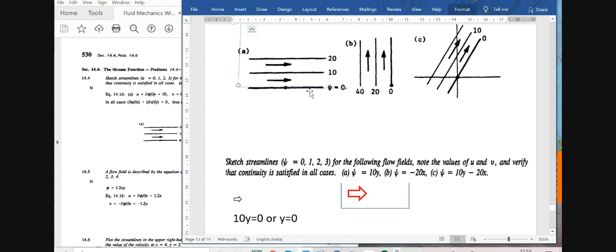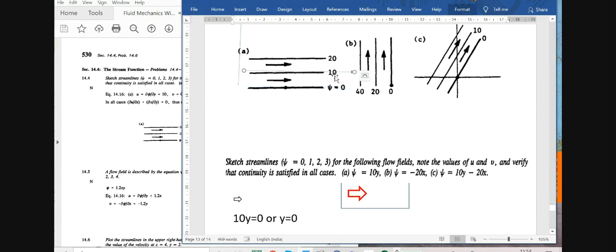So y is equal to 0 indicates the x-axis. Similarly, x is equal to 0 indicates the y-axis. So this is the streamline corresponding to psi is equal to 0. Then psi is equal to 1 will be another line.